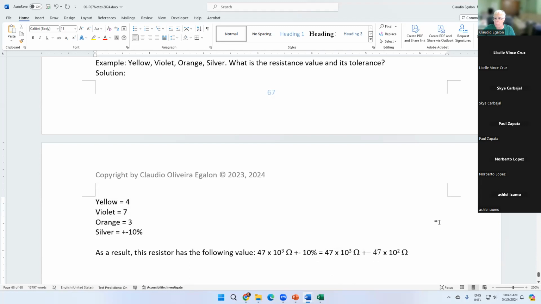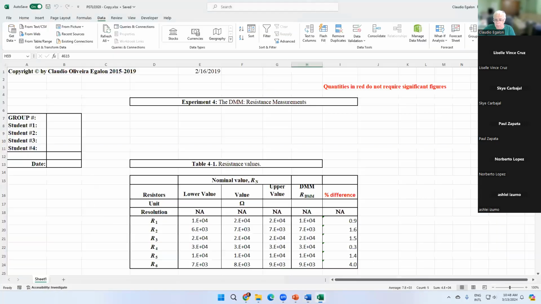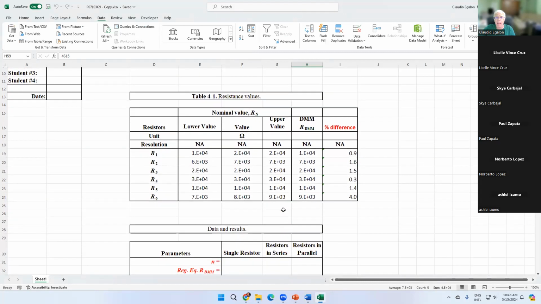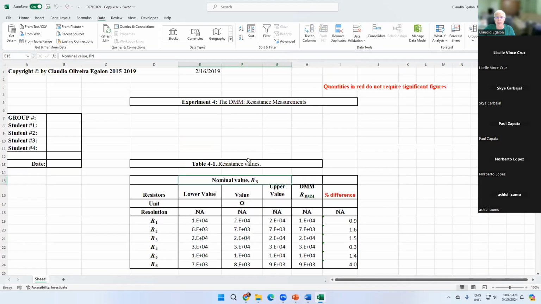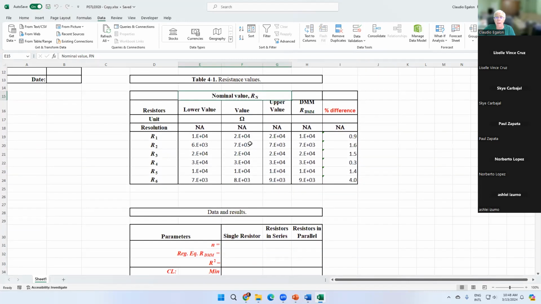So when you go here to a spreadsheet, the color code is what we call the nominal value. Here you already have the values that they read from the color code. Then you have to display all those numbers in terms of significant figures. Here is minus 10%, here's plus 10%.